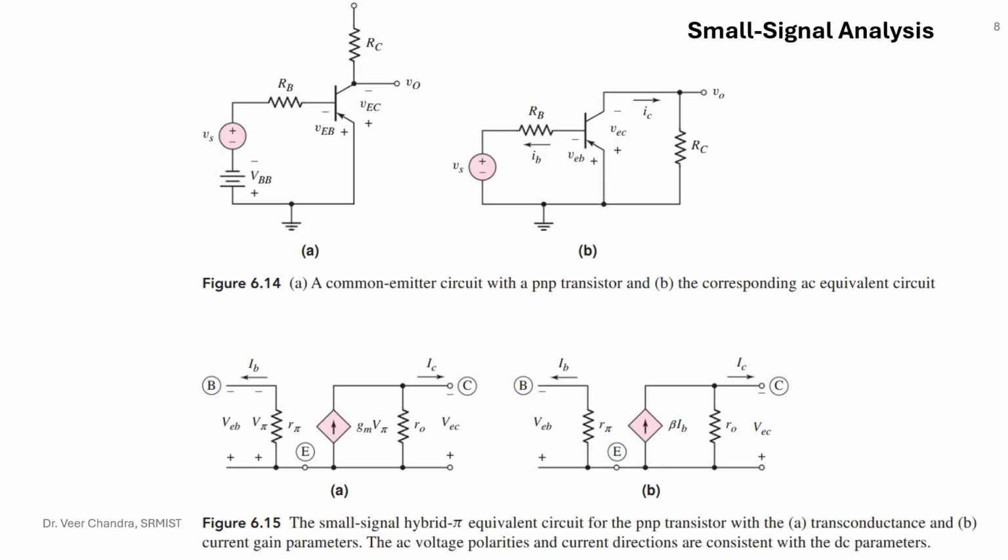Also, instead of gm V pi, you can use beta times IB as the current source, which is the current gain parameter form, or in transconductance mode you can use gm V pi. Both are the same circuits. It depends on what type of circuit you want to use, depending on your analysis.